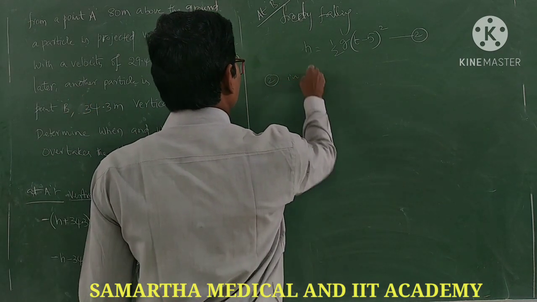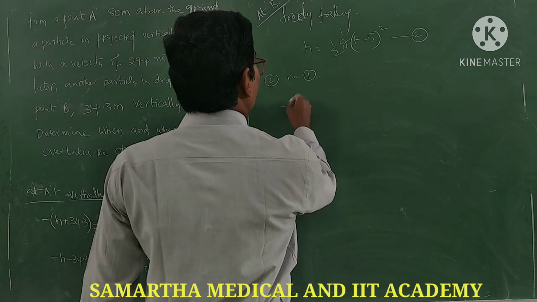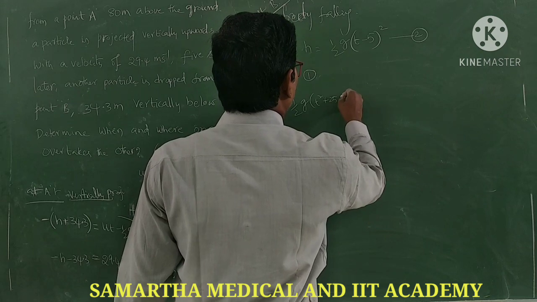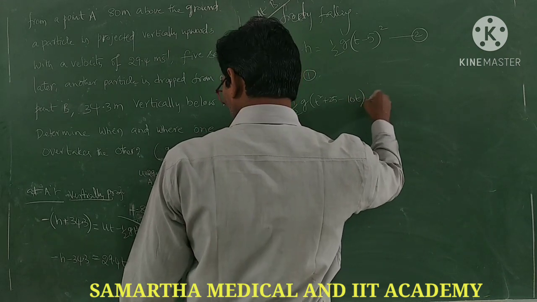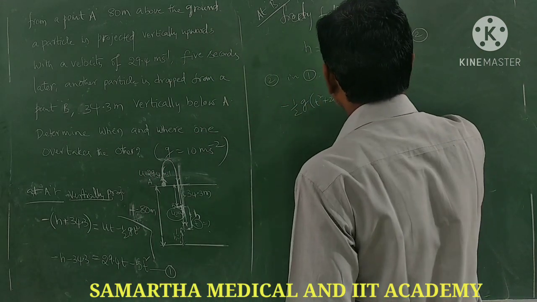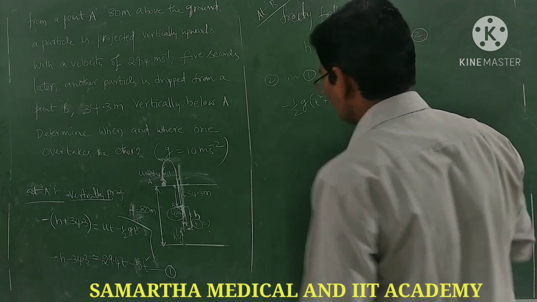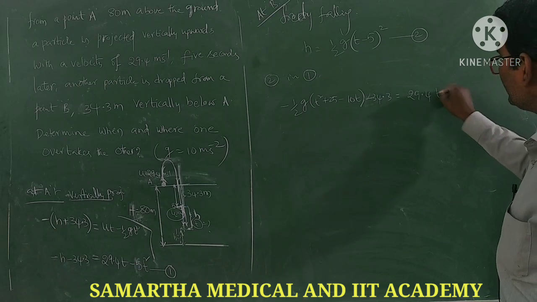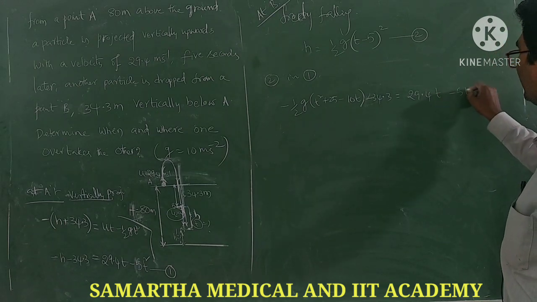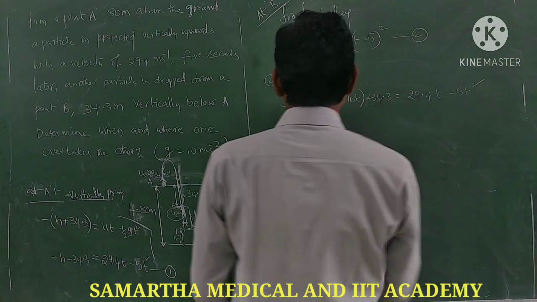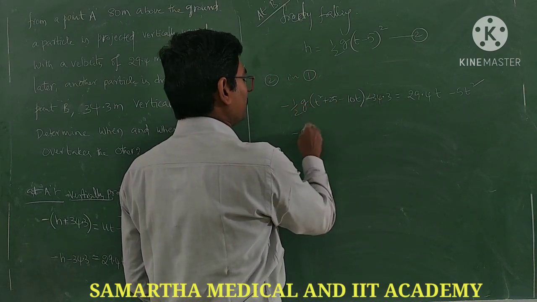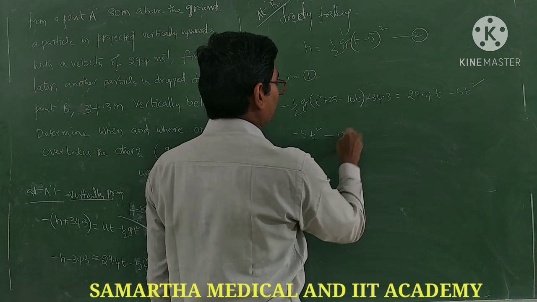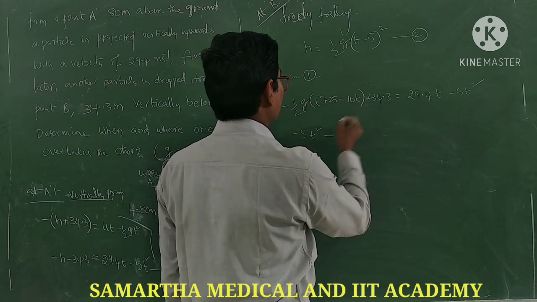Substitute or equate 2 in 1. What will happen? Minus half g into t square plus 25 minus 10t, that is, minus 34.3 is equal to 29.4t minus 5t square. This is minus 5t square, minus 125, plus 50t.